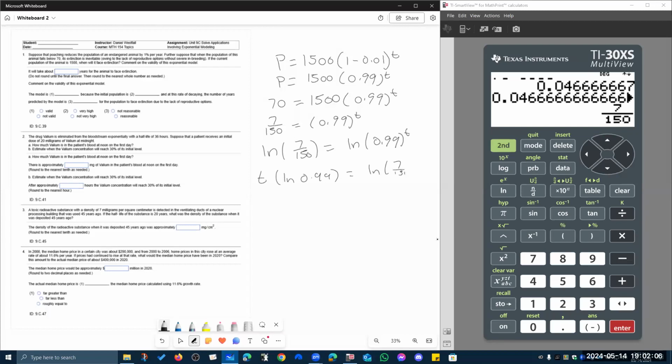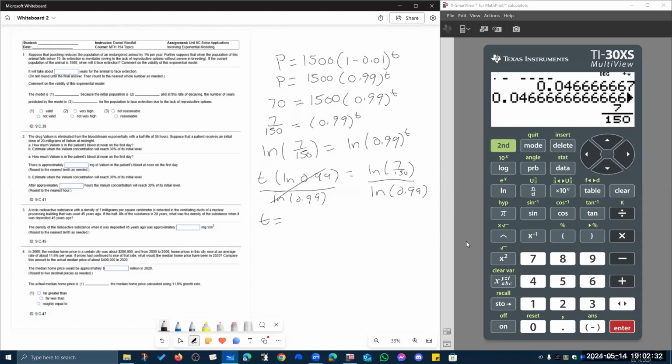If you know some log properties here, you could also write this right-hand side as ln of 7 minus ln of 150. It's the same thing, but it really doesn't matter. I'm going to keep it as a single log there for the purposes of typing it into my calculator. ln of 0.99 divided by ln of 0.99.